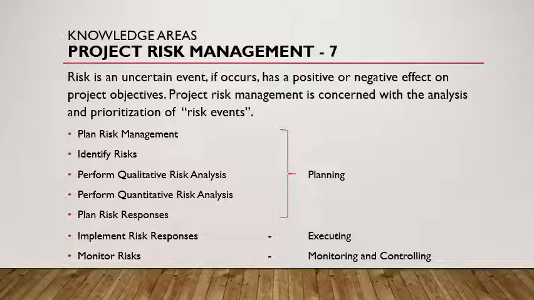During executing stage of the project, the process implement risk responses calls for the application of risk management skill by the project manager to ensure the success of the process. Monitoring and controlling stage has got a process called monitor risks, which also calls for showcasing the skills of risk management.